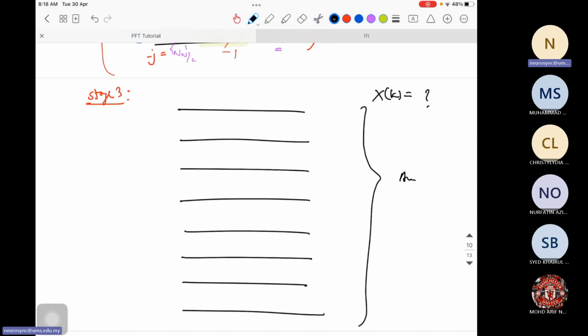Now how will you draw the butterfly structure here? So 1, 2, 3, 4. This will go like this. So the first butterfly, how we will draw this, like this.